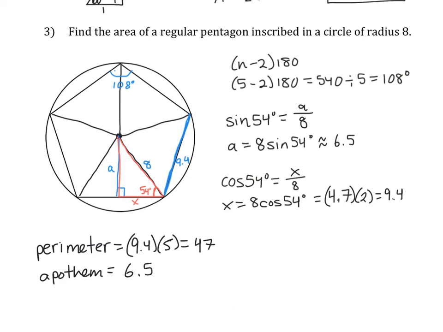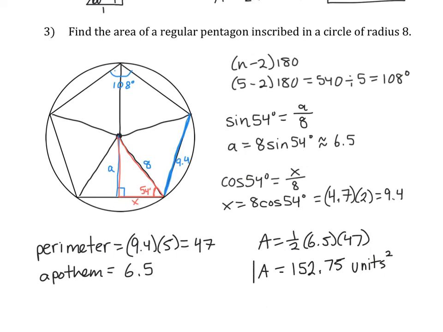So now we can use our formula. A equals 1/2 times the apothem, 6.5 times the perimeter. And then you can plug that into your calculator. And you should get an area of 152.75 units squared.